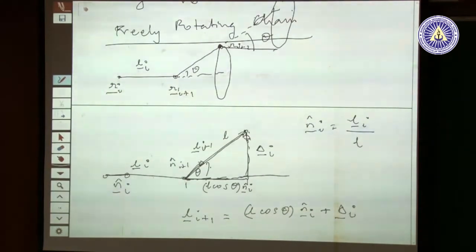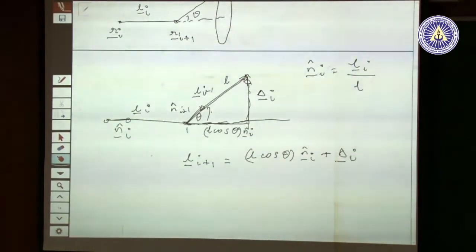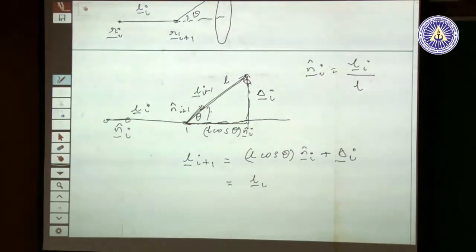Now, the thing about delta i is it is a random vector, because it can take any direction. Only L cos theta is in the direction n hat i. Okay. Now, one thing we can do is, because I have L times n hat i here, that is nothing but Li, because n hat i is in the direction of Li, and times L, that is Li cos theta plus delta i, where delta i can take a random direction.